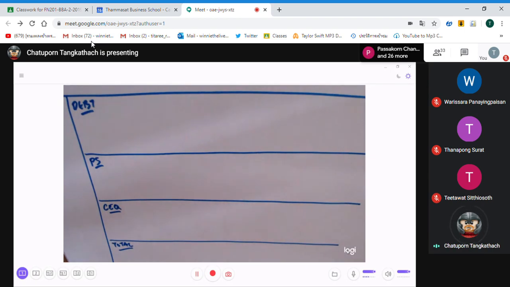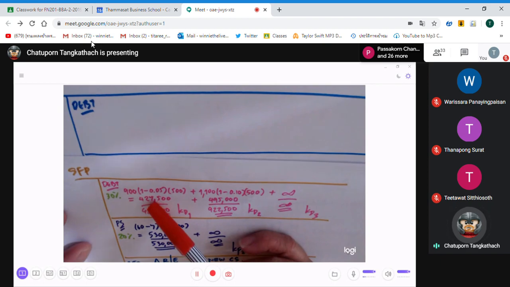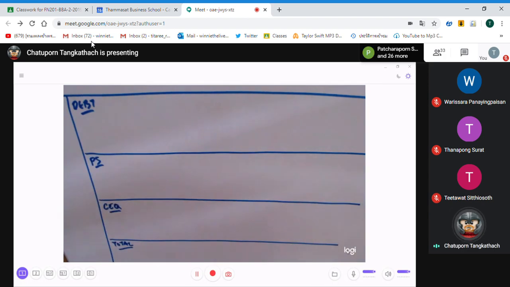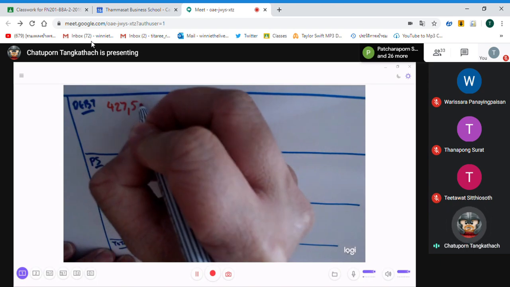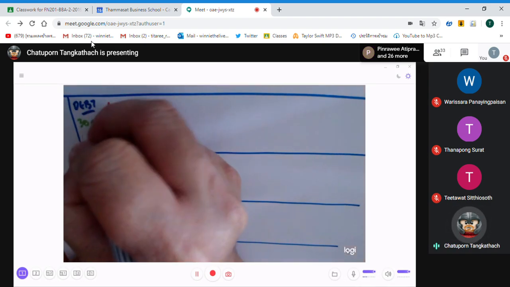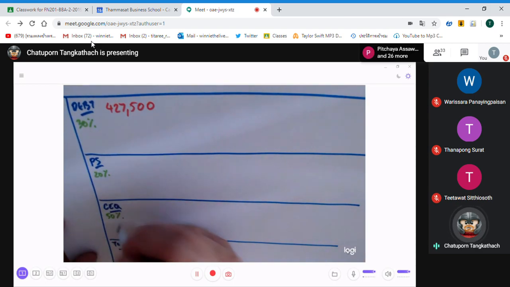Okay, from this one, remember, the firm may issue debt equal to 427,500. This is the first amount that the firm can bring in terms of the debt. So let's put it there. 427,500. Another information that you are provided here is that the proportion of debt is 30%, preferred share 20%, and common equity 50%.